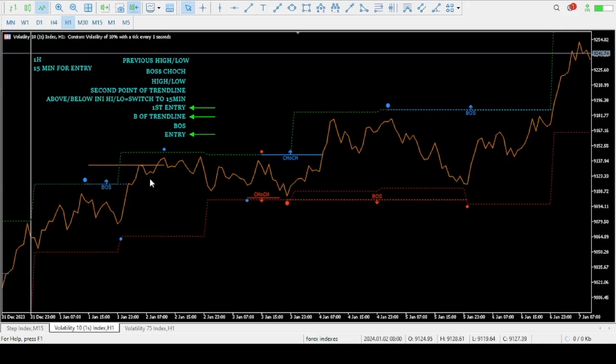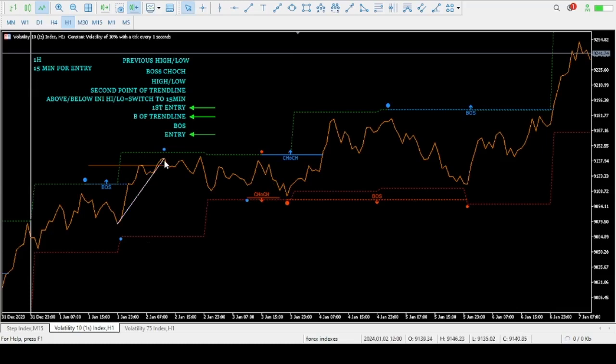Price action comes down and forms a low, and then we have two lows now. This low and that low form a trend line. Trend line for support, we use a white line. Now we have 2 points.